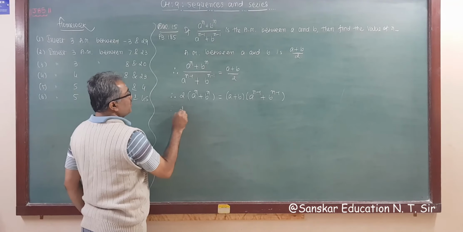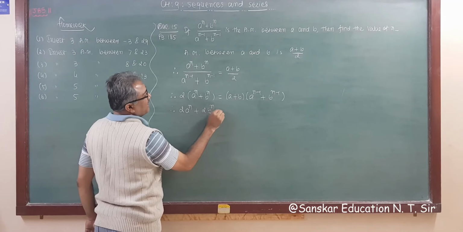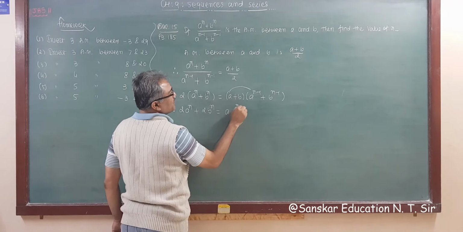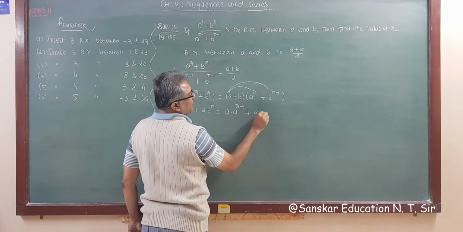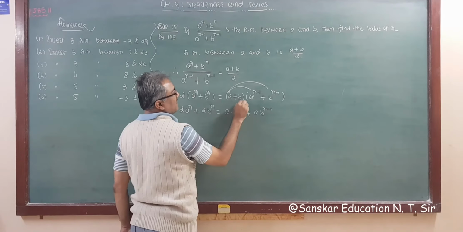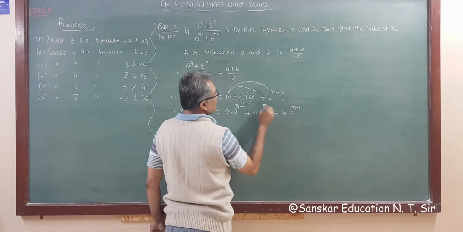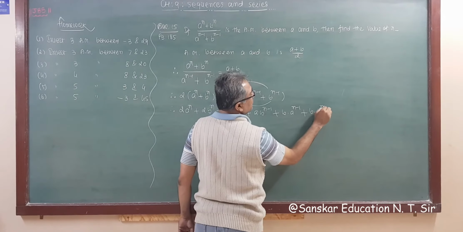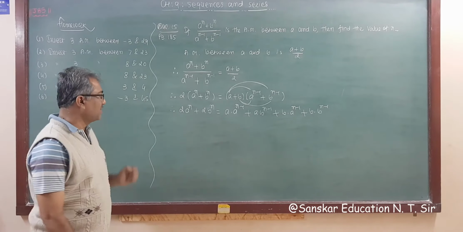So this is 2 times a raised to n plus 2 times b raised to n is equal to: multiply by a, this is a into a raised to n minus 1, plus a into b raised to n minus 1, plus this b into a raised to n minus 1 and this plus b into b raised to n minus 1.